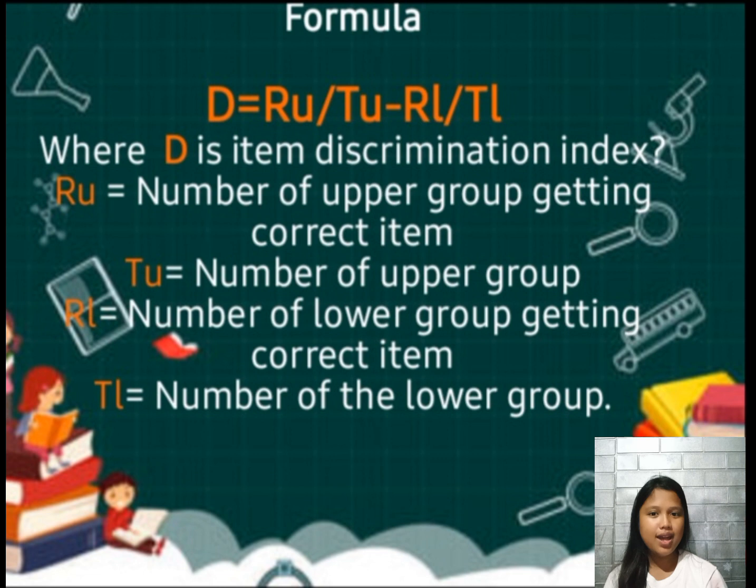We will use the formula D equals R sub U divided by T sub U minus R sub L divided by T sub L, where D is the discrimination index, R sub U is the number of the upper group getting the item correct, T sub U is the number of the upper group, R sub L is the number of the lower group getting the item correct, and T sub L is the number of the lower group.